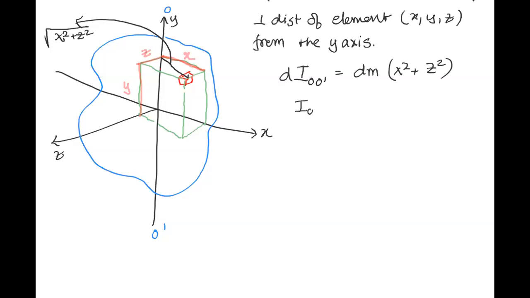So I O dash will be equal to summation of m i x square plus z square. Is that okay?